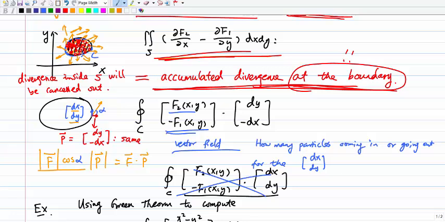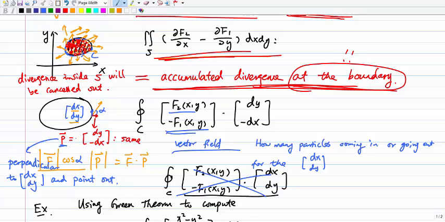I have to calculate this. What I do is first calculate another direction called the p vector. This p vector is perpendicular to my dx dy, and also the vector has to point out, because I cannot point it in.